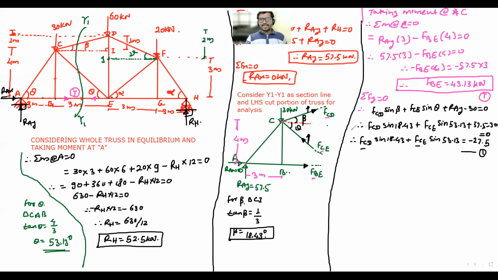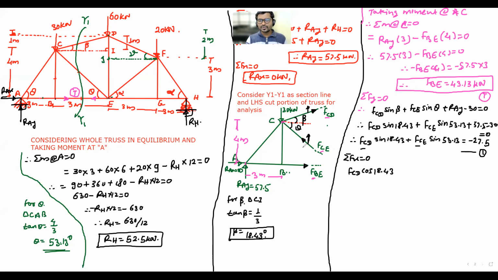Okay, now consider summation of forces along the x-axis equals 0. What about the component of CD? Going right, so positive or negative? Positive. So FCD cos of beta, I will directly put the value of beta, 18.43.